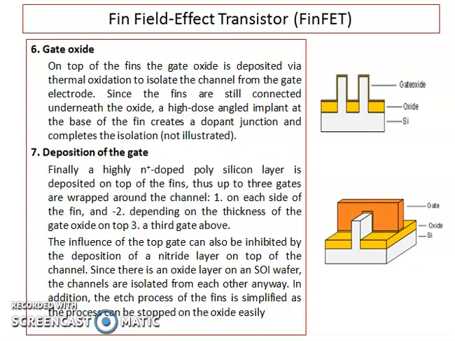On the top of the fins, the gate oxide is deposited via thermal oxidation to isolate the channel from the gate electrodes. Since the fins are still connected underneath the oxide, a high dose angled implant at the base of the fin creates a dopant junction and completes the isolation. This is not illustrated in the diagram.